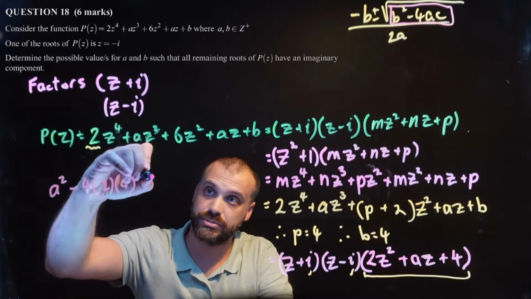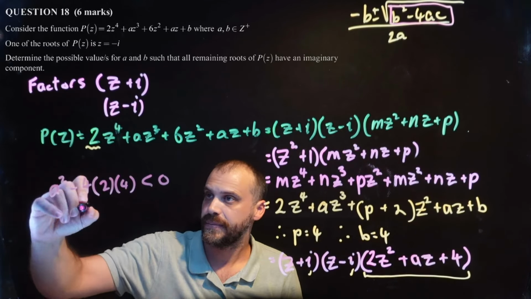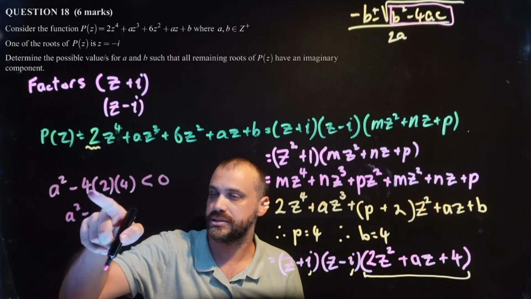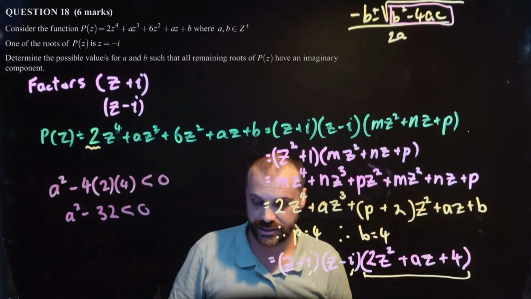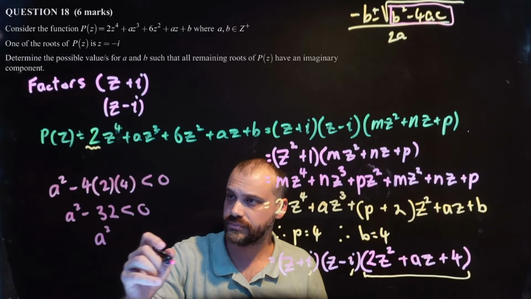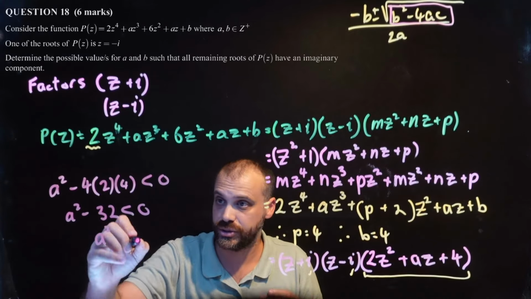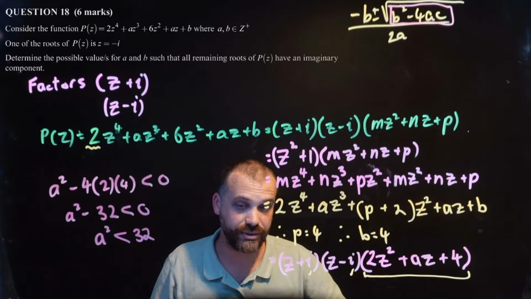And we need that to be less than 0. So how can it be less than 0? a squared minus 16 minus 32 needs to be less than 0. Now a squared, I'm going to add 32 to both sides. a squared needs to be less than 32.